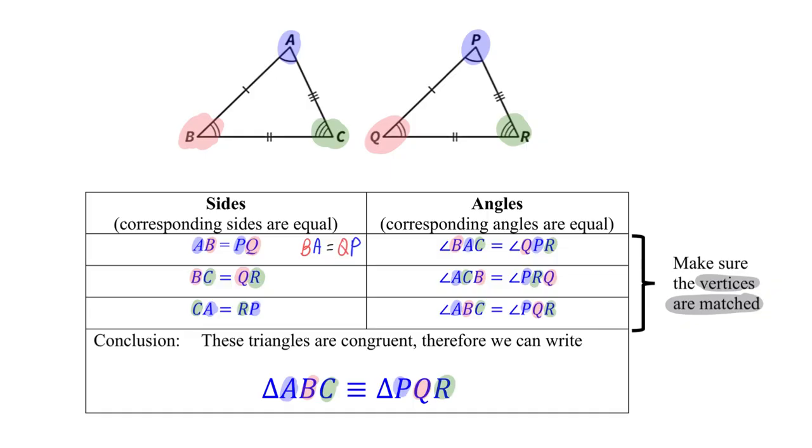Okay, if I choose to write the length C to B, then I must start with R, then to Q. By extension, if I choose to write it as AC, then I have to write it as PR. Same goes for the angle. So if I were to write angle CAB, then it will have to be angle RPQ.